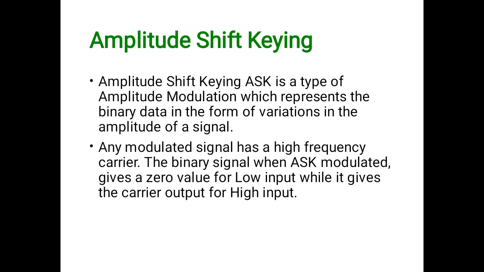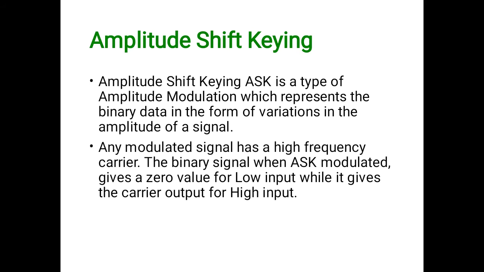Now, any modulated signal has a high frequency carrier, and the binary signal when ASK modulated gives a 0 value for low input while it gives carrier output for high input.